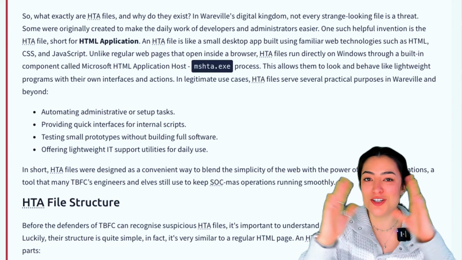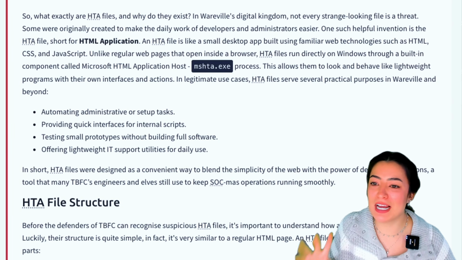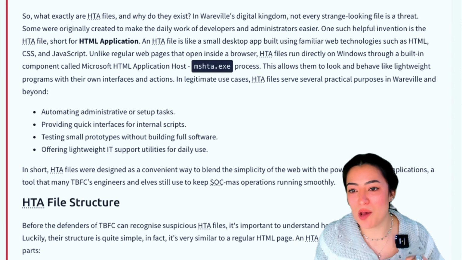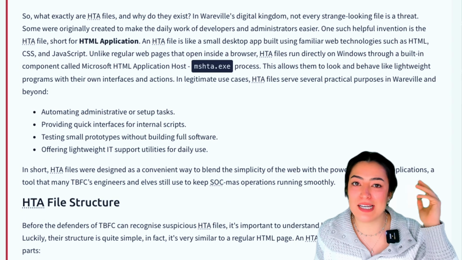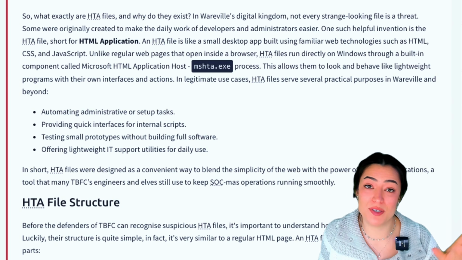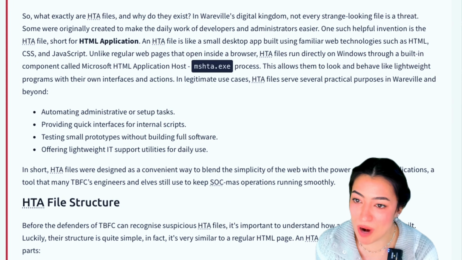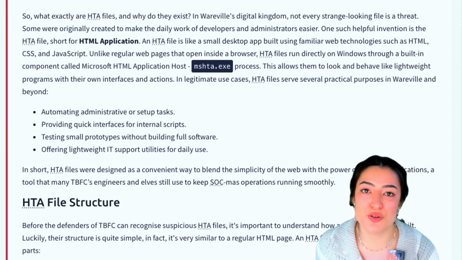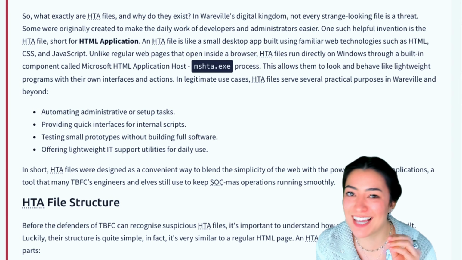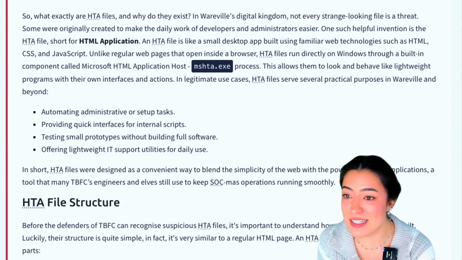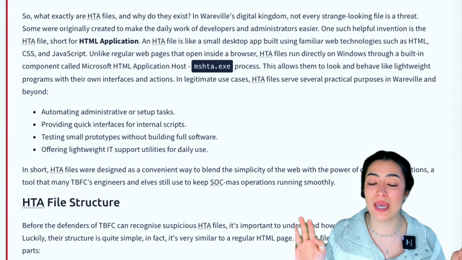Short for HTML application. So think of it like a tiny Windows app dressed up as a web page. It's got HTML, CSS, JavaScript, all the normal web stuff. But instead of running in a browser, it runs directly on Windows using HTA.exe. So it looks innocent, but it can actually execute real commands on your system.